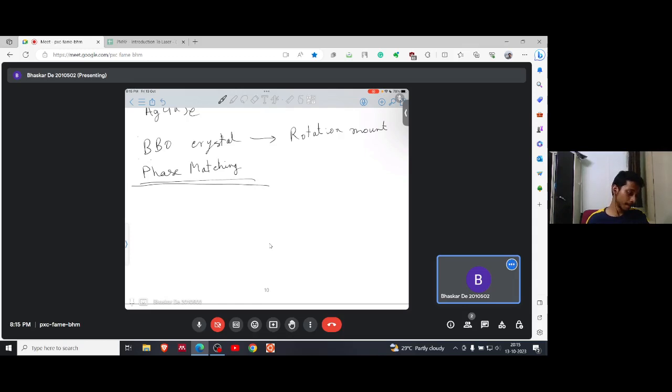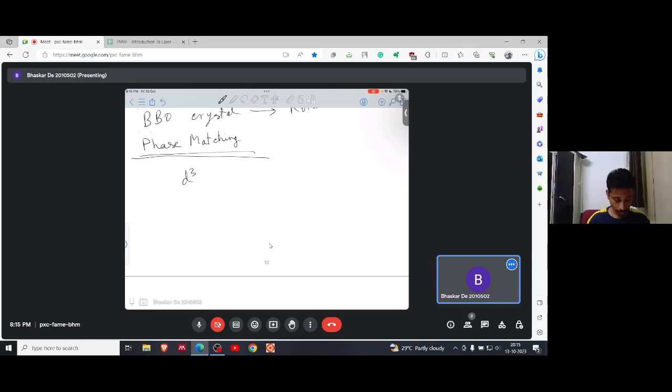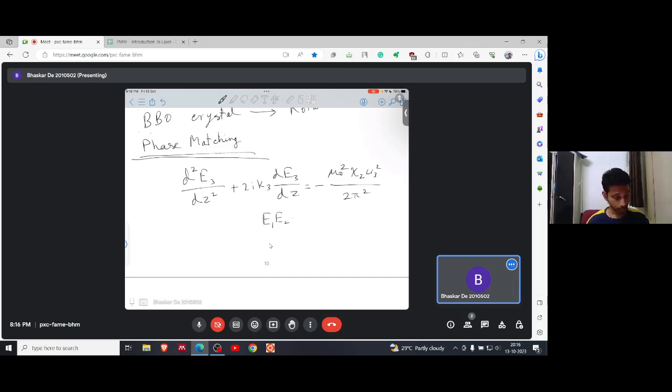Now we'll talk about the phase matching. From Maxwell's wave equation, we can have d2E3 by dz2 plus 2ik3 dE3 by dz equal to minus mu naught square chi2 omega3 square by 2 pi square E1 E2 e to the power i(k1 plus k2 minus k3)z.